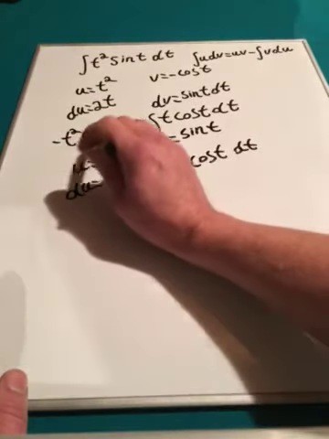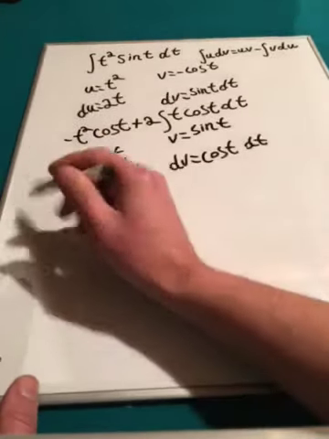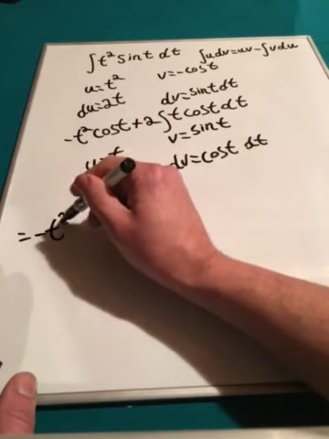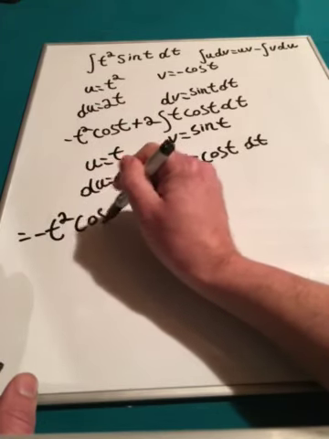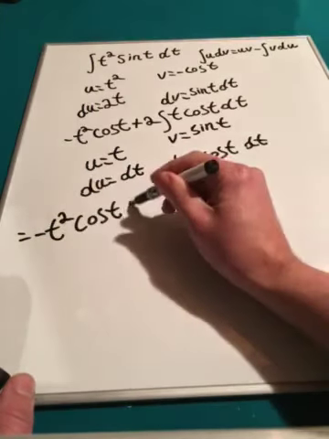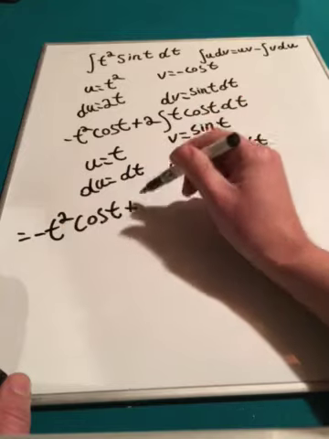We still have this stuff out front. So this all equals minus t squared cosine of t. That's still there.